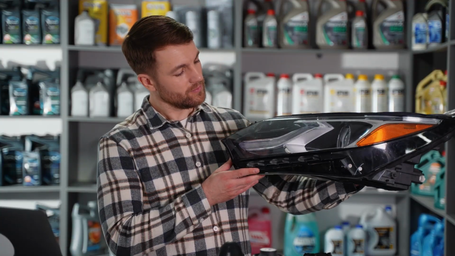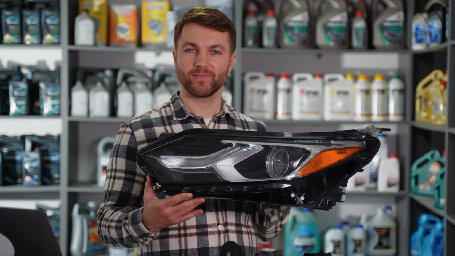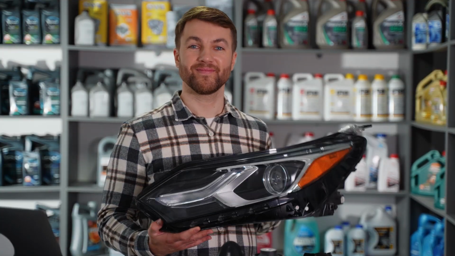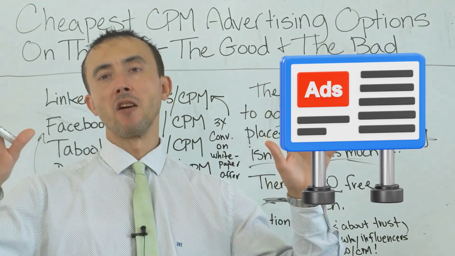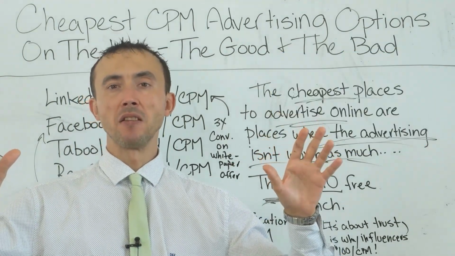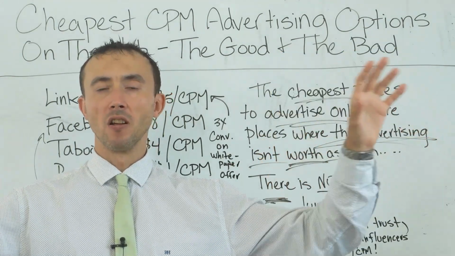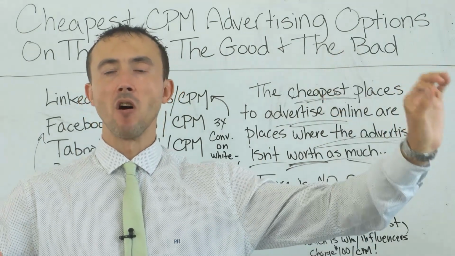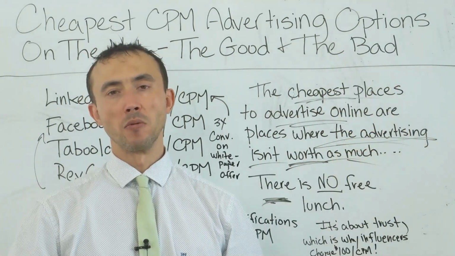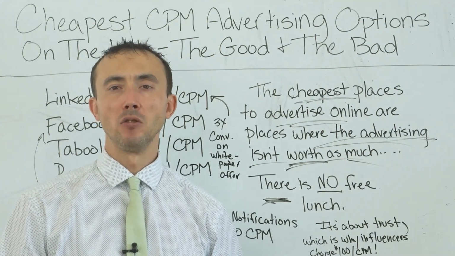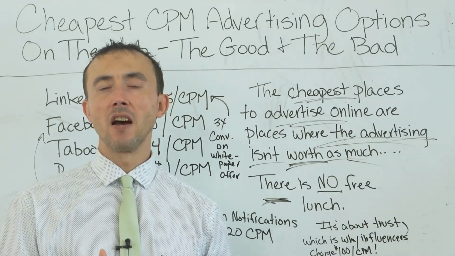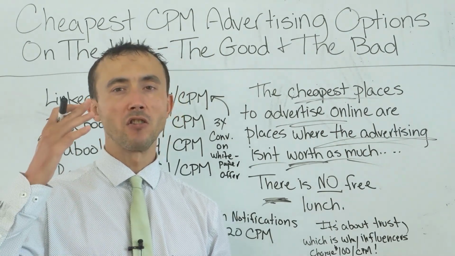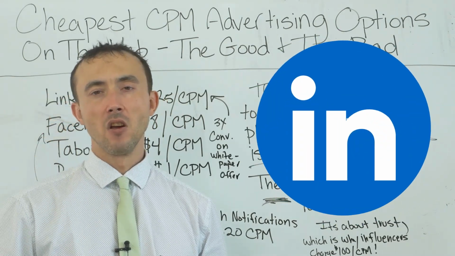If you sell auto parts, you'll do a lot better advertising on Google than running banner ads across the web on random websites, mainly because those people on Google are a lot more motivated to buy, and there are a lot more people who buy in general on Google than on a news website reading a news article on foxnews.com.